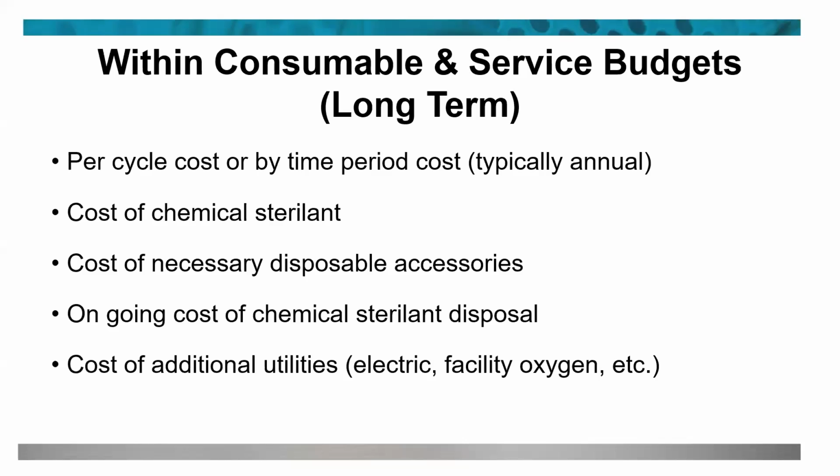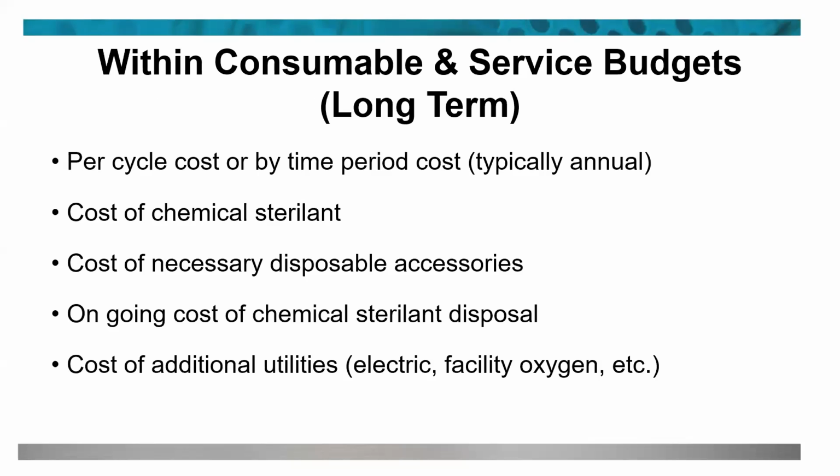The other thing that you want to think about with this too is what is it going to cost you in the long term? What's each cycle going to cost? So you want to look at that, and based on the cycle cost, you want to see how much your chemical sterilant is going to cost for each cycle, and then is there any kind of disposables again that you're going to need: wraps, indicators, pouches.